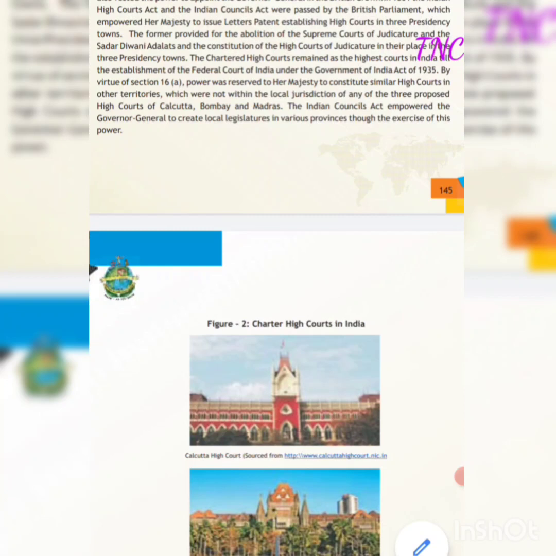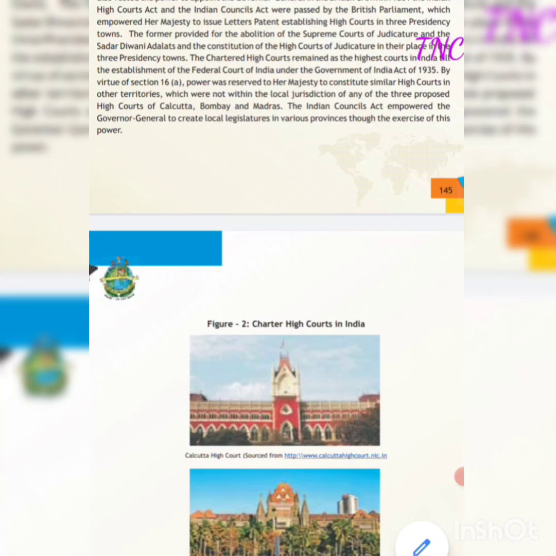By virtue of section 16 subclause A, power was reserved to Her Majesty to constitute similar high courts in other territories which were not within the local jurisdiction of any of the 3 proposed high courts of Calcutta, Bombay and Madras.